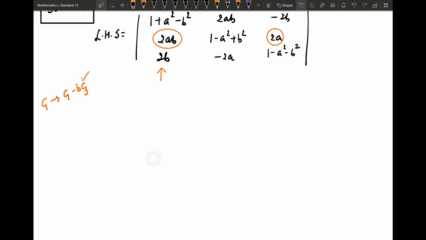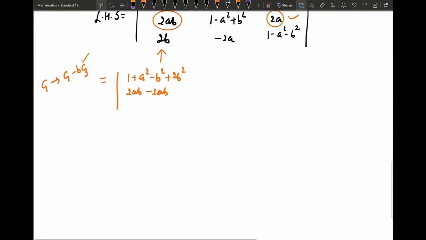So here, 1 plus a square minus b square, multiplied by minus b, so minus minus plus, so 2b square. Here 2ab minus 2ab, multiplied by minus b, add here. Here it will be 2b.